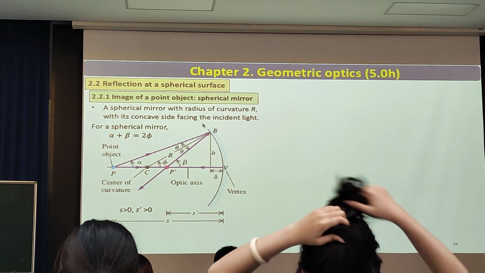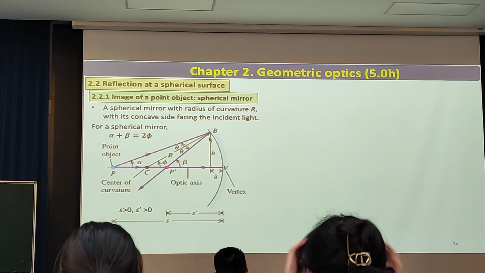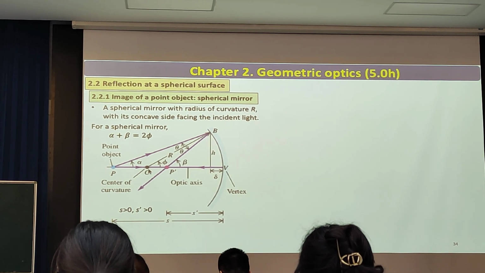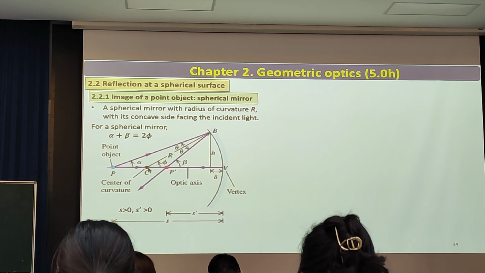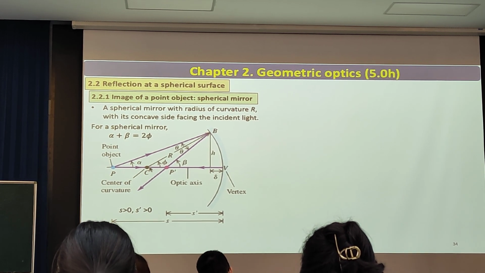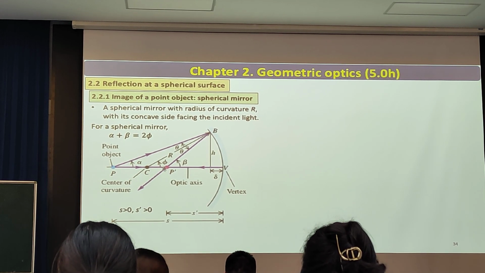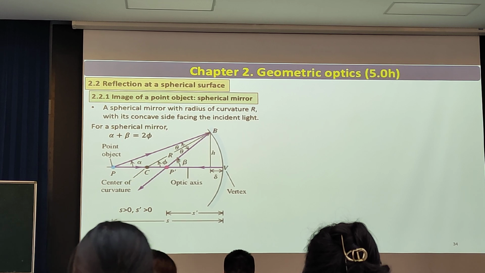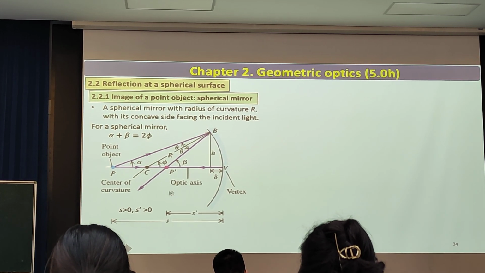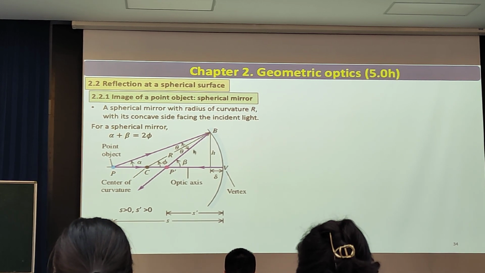If you have this curve, you will have C here. What is the name of C? C denotes the center of curvature. And the radius of curvature is R. So what we are showing you here is a spherical mirror with radius of curvature R.